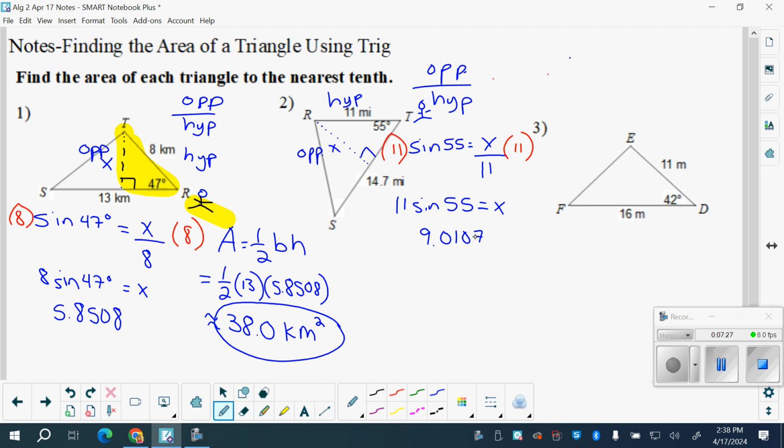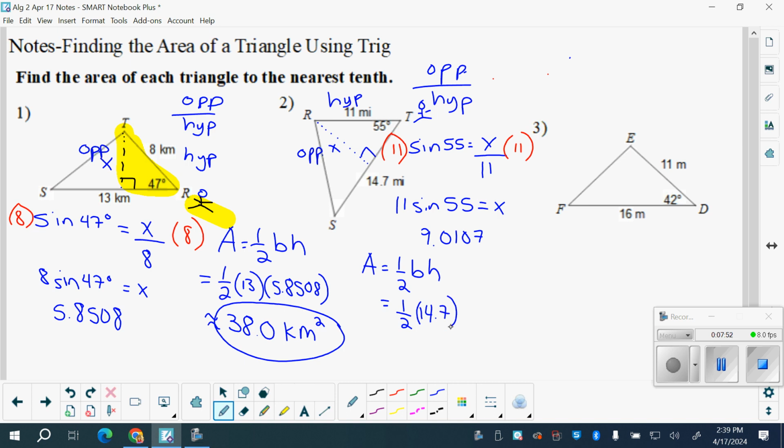So now I need to find my area of my triangle, which is half times base times height. What would my base be? Good, 14.7.